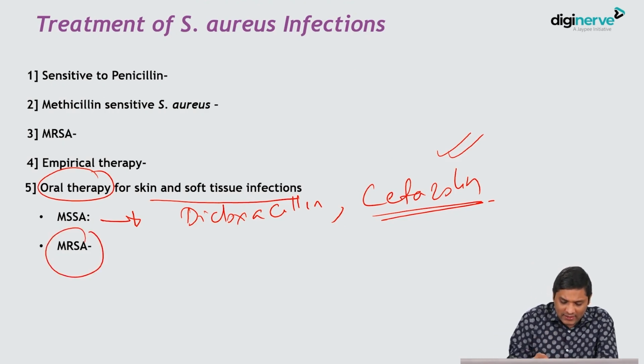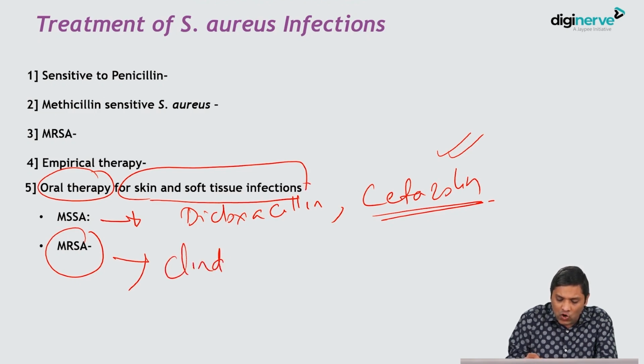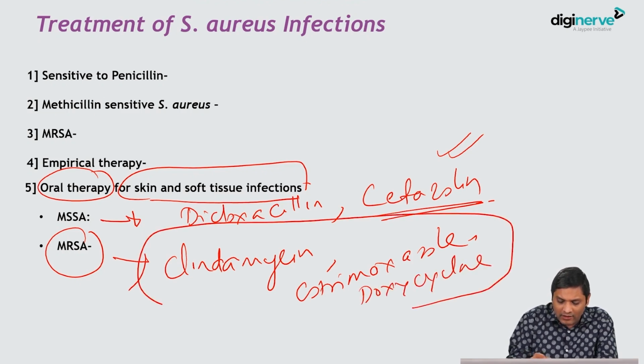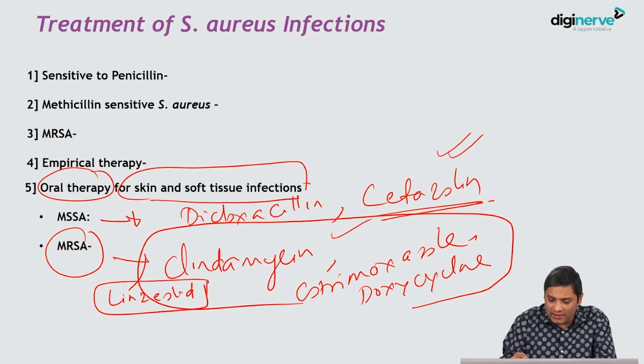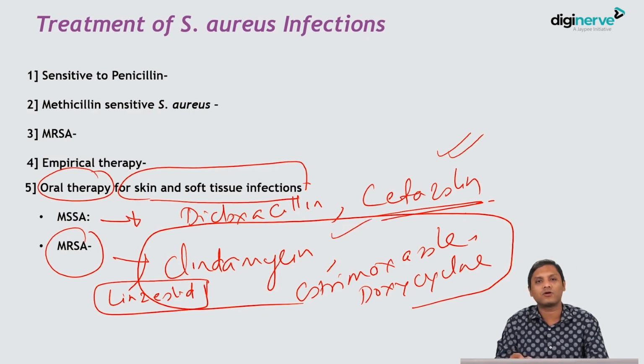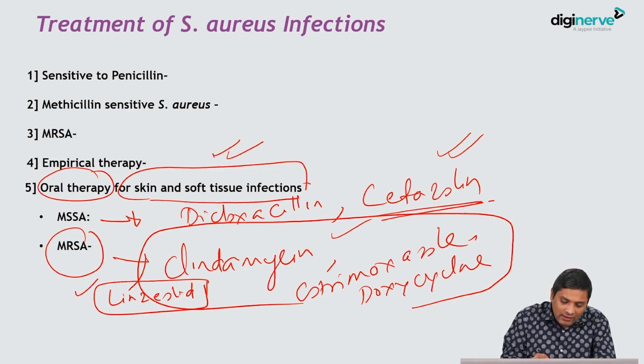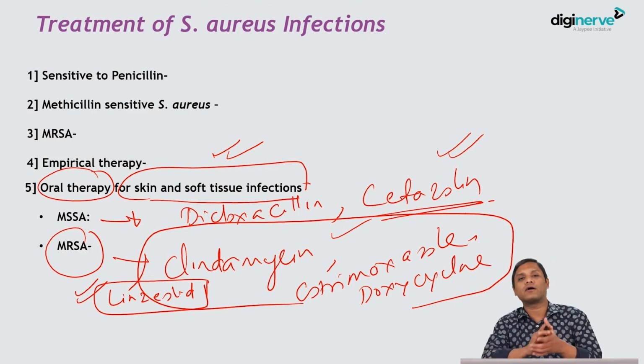If you have MRSA and it is a skin and soft tissue infection, then alternatives to vancomycin include clindamycin, cotrimoxazole, and doxycycline. All these are alternative drugs which can be given, and linezolid can be used as a reserve drug. If antibiotics like clindamycin and cotrimoxazole are resistant, then for skin and soft tissue infection, linezolid can be given for MRSA infection.